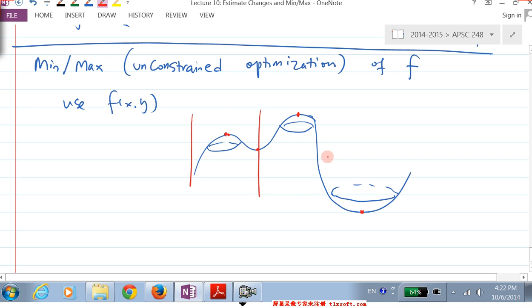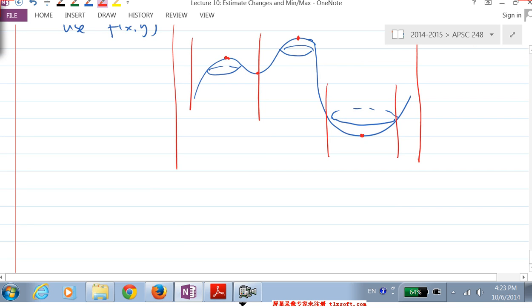But if you restrict yourself to this location, then that's the bottom here. If you restrict yourself within this location and ask where is the maximum, you're going to give what? Here. So the question of min or max needs more precise language.